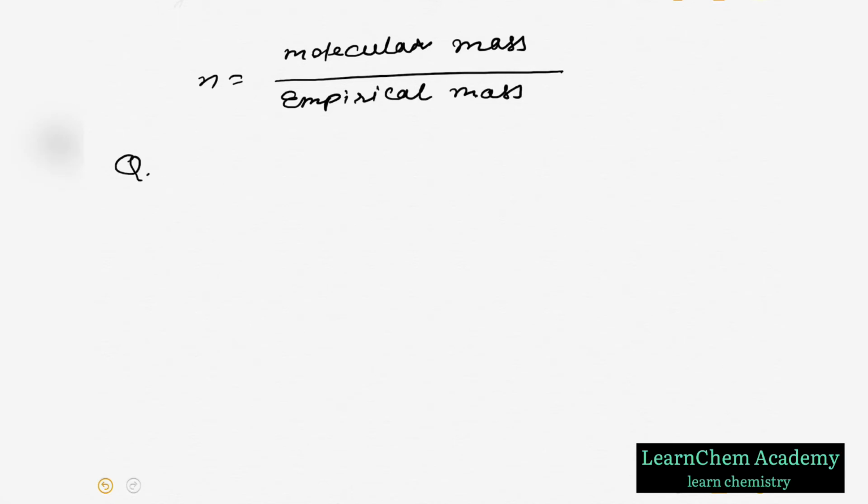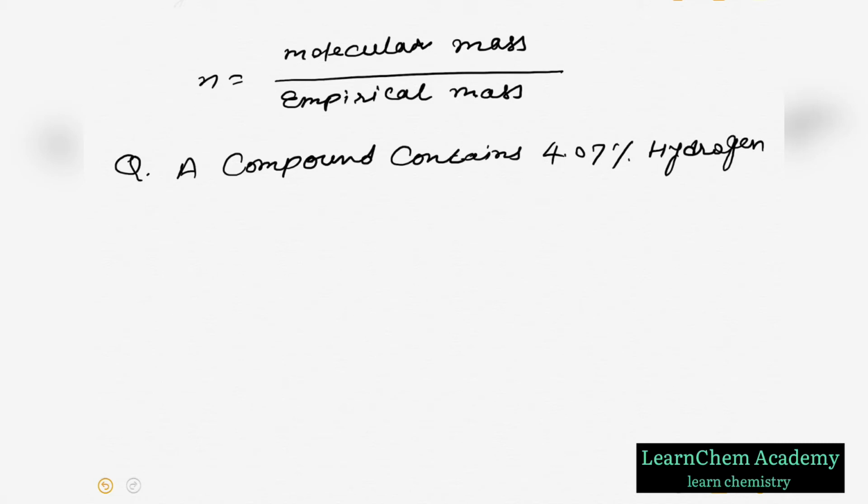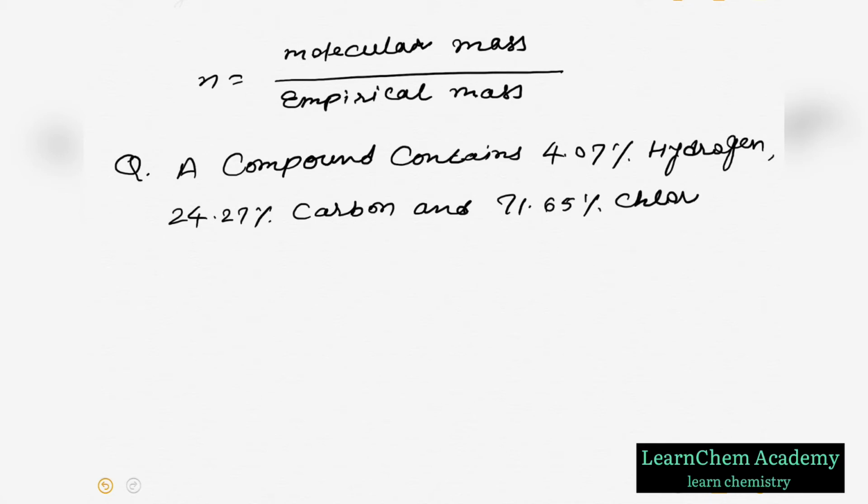The question is: a compound contains 4.07% hydrogen, 24.27% carbon and 71.65% chlorine, and its molar mass is 98.96 gram.